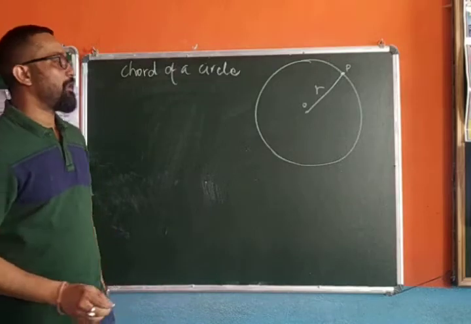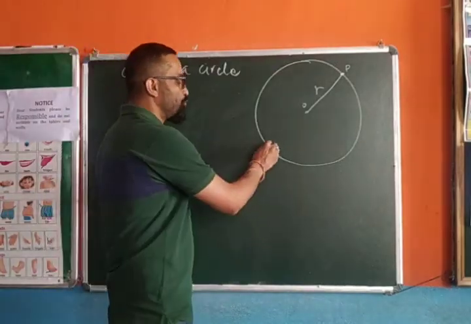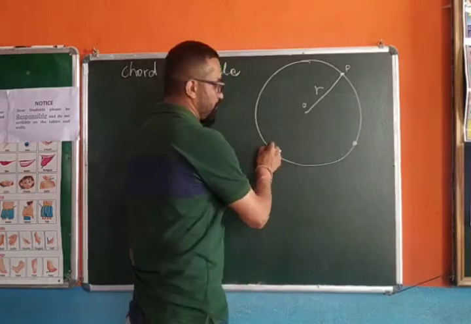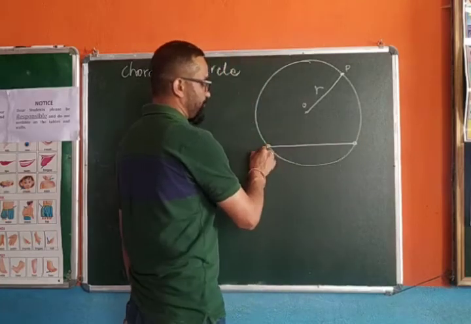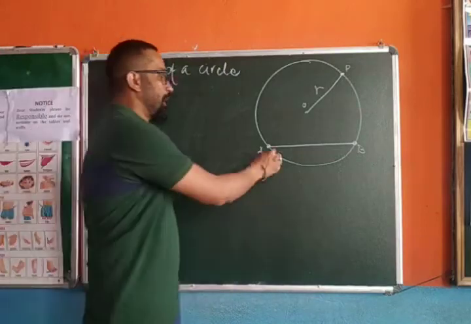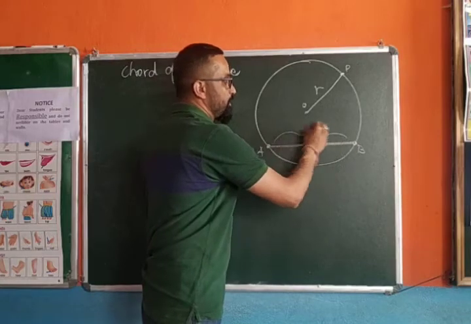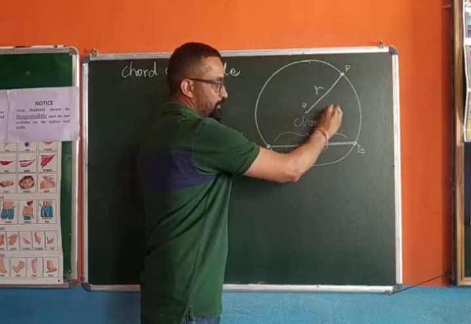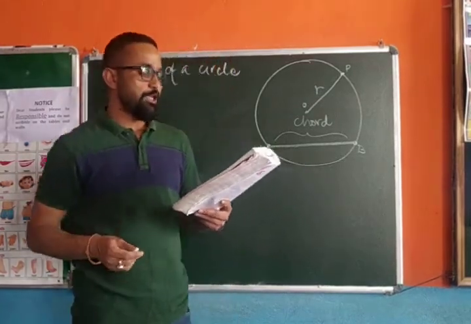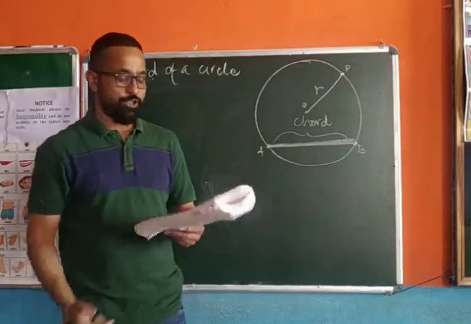Now chord, a line segment joining any 2 points on the circle, is known as a chord. A and B are 2 points. A line segment is joining these 2 points, and this line segment is called a chord. We also call it the length of the chord.